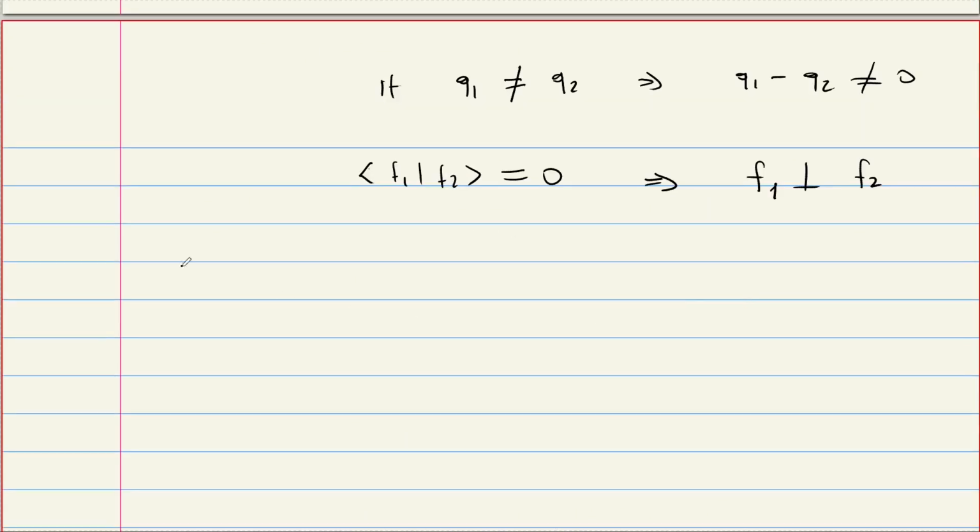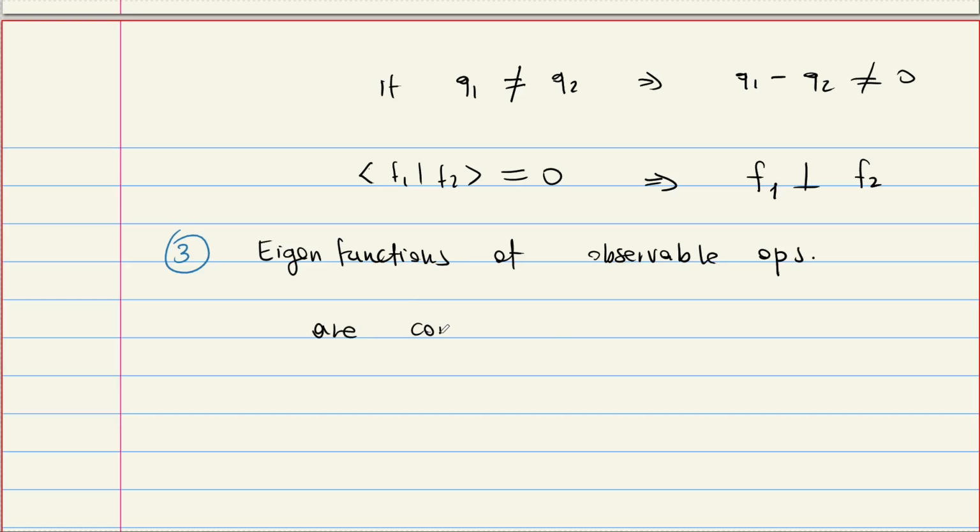So there is also a third one. Eigenfunctions of observable operators, or Hermitian operators, are complete.